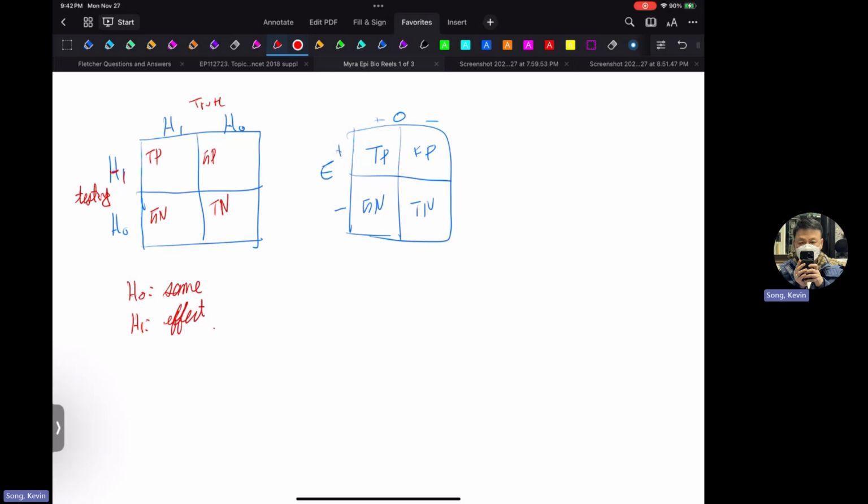And then you label it here: beta, alpha, 1 minus beta, 1 minus alpha, right? And this is power, and this is the significance level. And this is type 2, type 1. That's all you need. Okay.